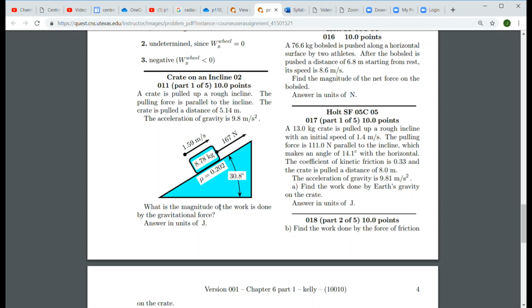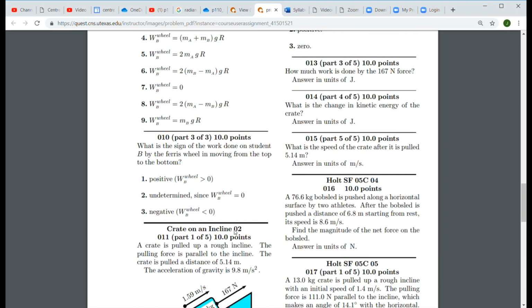A diagram would help there. That would give me the component of the gravitational force along the direction of motion, and then multiply that by the displacement it moved along the inclined direction, times 5.14 meters, would give you the magnitude. No minus sign, even though gravity's doing negative work.